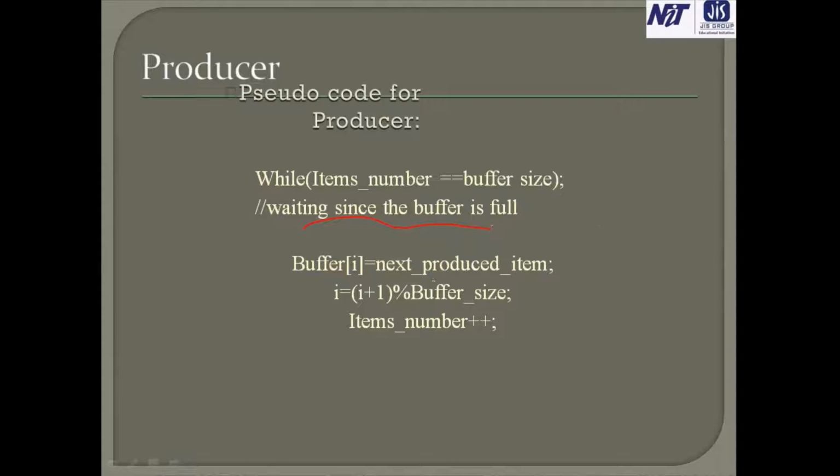Otherwise the next produced item will be added into buffer[I], and I will be increased by 1. So I = (I + 1) mod buffer size, that means the next item will be added into the next position. The item number will also increase by 1 because the current item is produced.